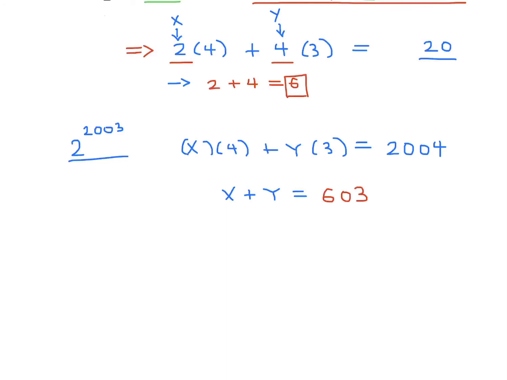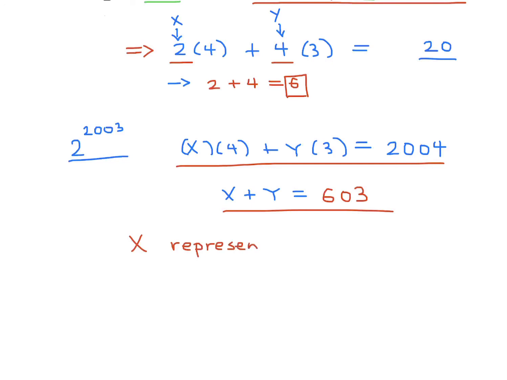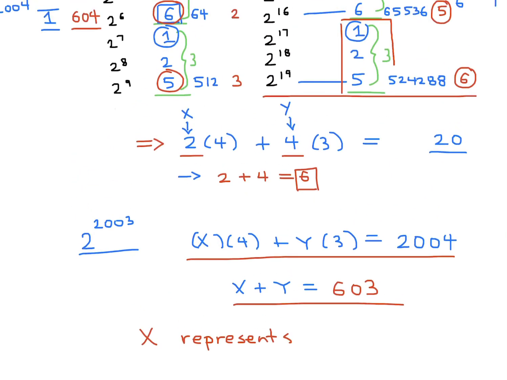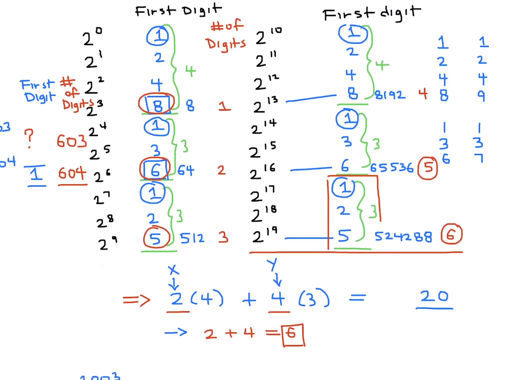So that is our system of equations, this one and this one. If we solve this, we will get values for x and y. Now, how does that help us? x represents the number of times that 4 will appear as the first digit. Let's go back and take a look at that. x in our little formula here was 2.